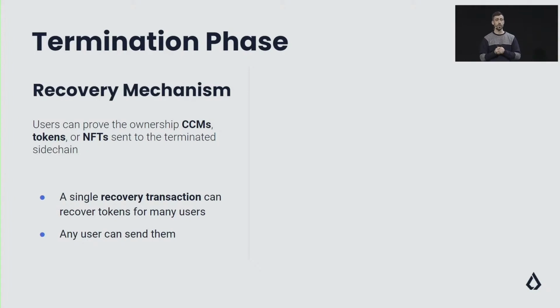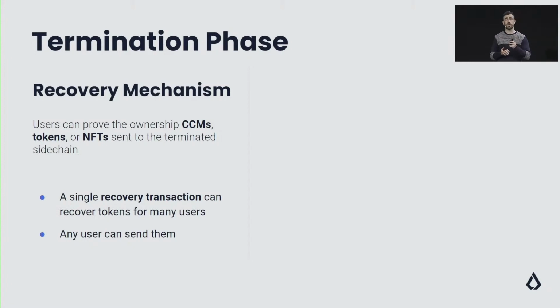The concept is that with information on the Lisk main chain, users can prove that they own certain cross-chain messages, tokens, NFTs in that sidechain that now is terminated. They can prove that with these transactions, and they can do that efficiently. This means that a single recovery transaction can recover many tokens, many NFTs, like in an array. So it's not only one per transaction.